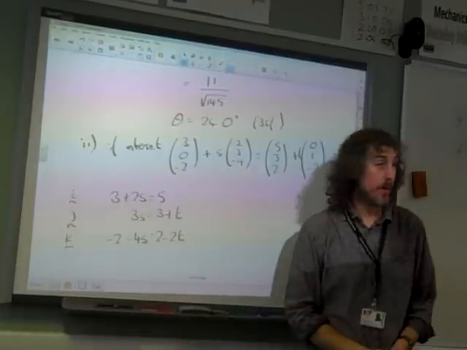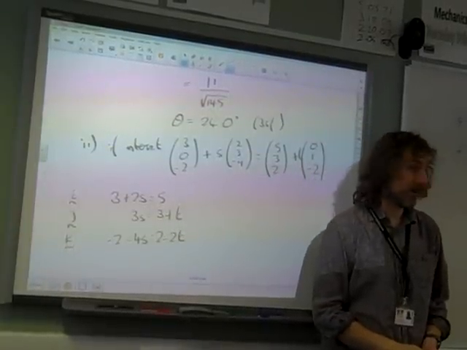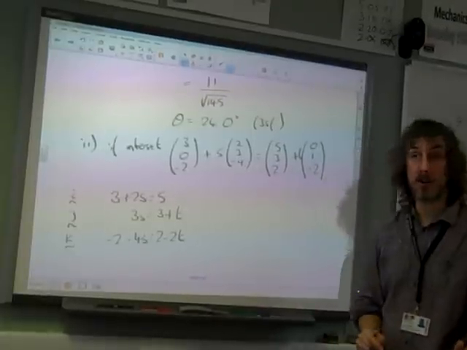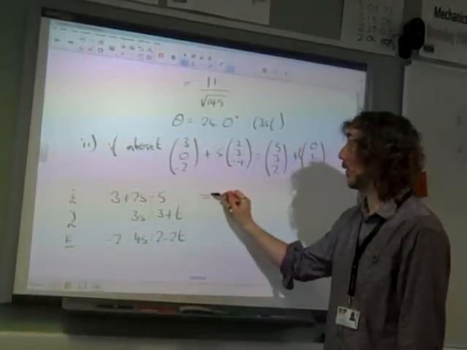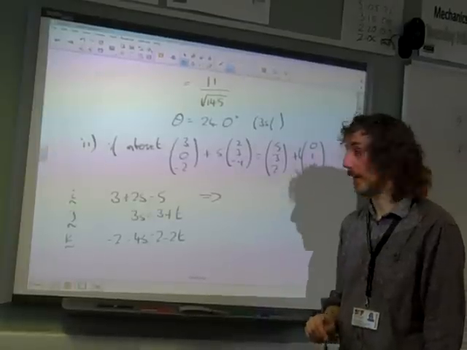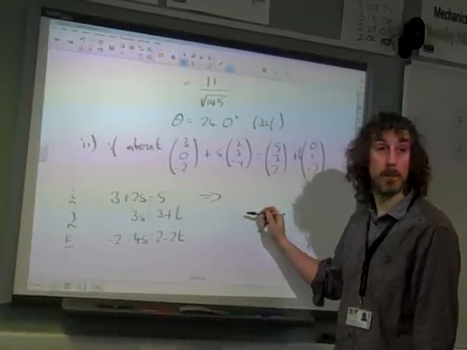All we've got to show is that these lines are skew, so these 3 equations are not consistent. Well, the first equation quite nicely implies that s equals 1.